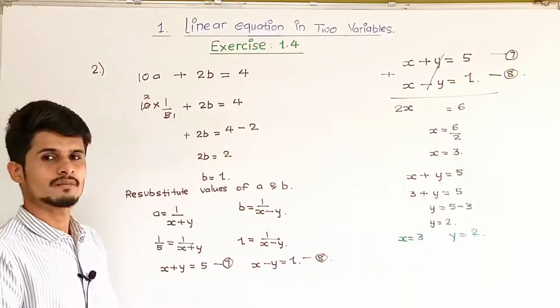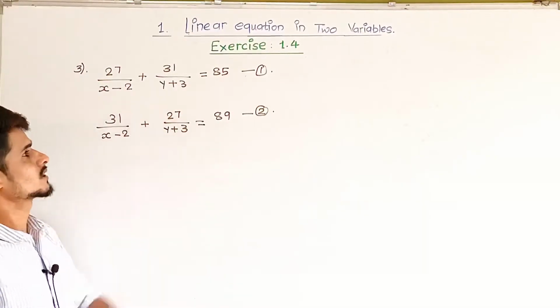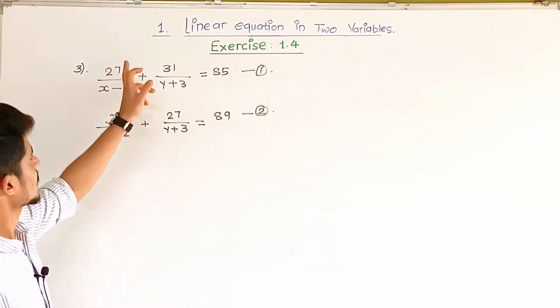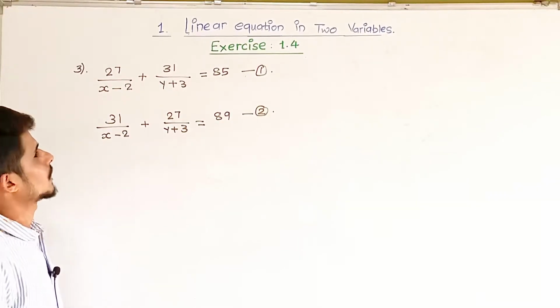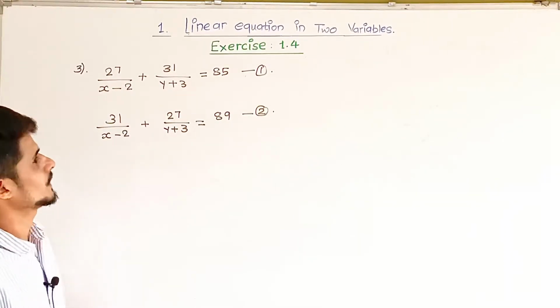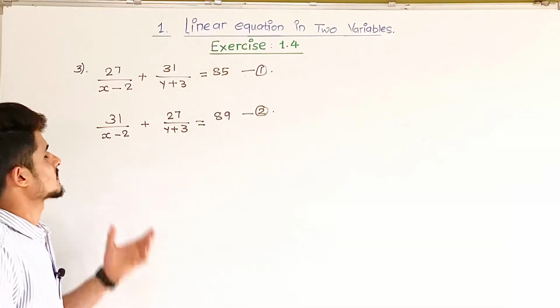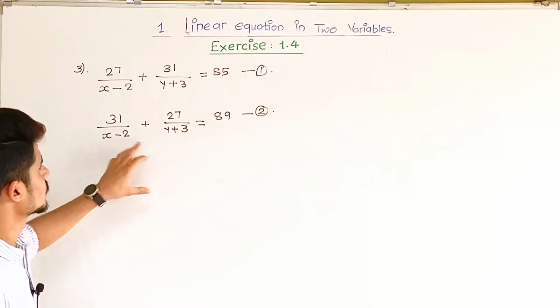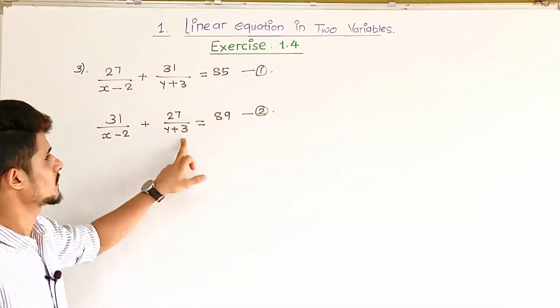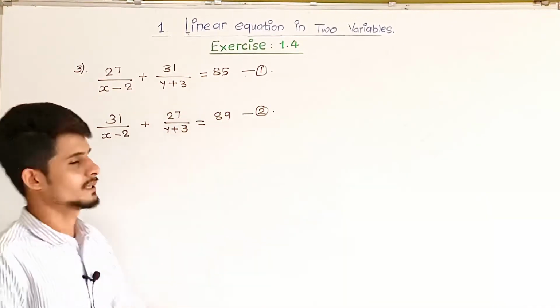Similarly, we'll solve question number 3. The equations are 27 by x minus 2 plus 31 by y plus 3 is equal to 85, and similarly equation 2 is 31 by x minus 2 plus 27 by y plus 3 is equal to 89.